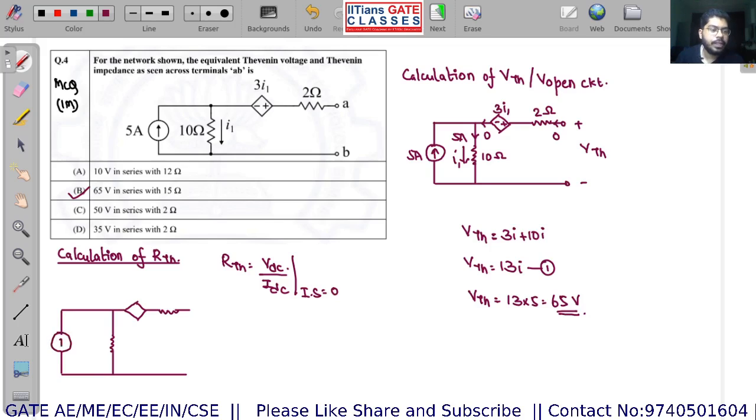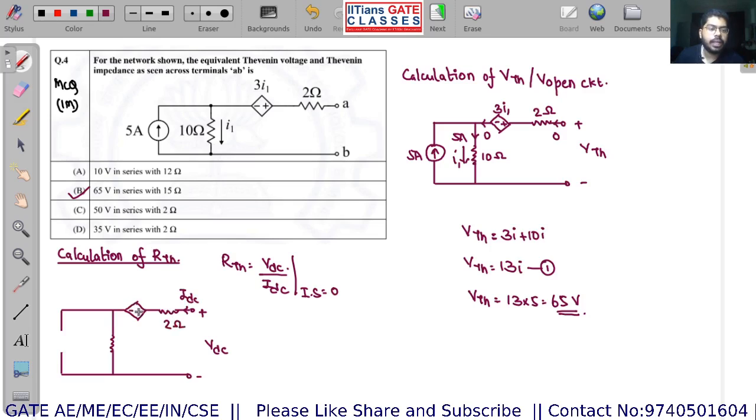So independent sources to 0. So this will be 0, that means this will be open circuit. This current source is an independent current source, so this will be open circuit. And here we have VDC by IDC. Okay. And this is 2 ohm.